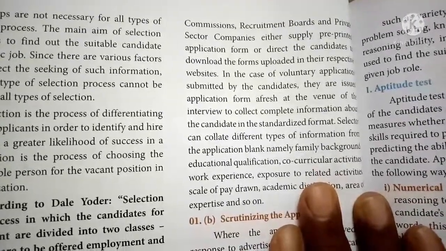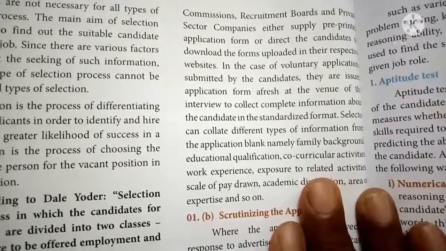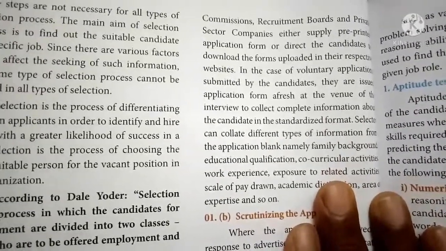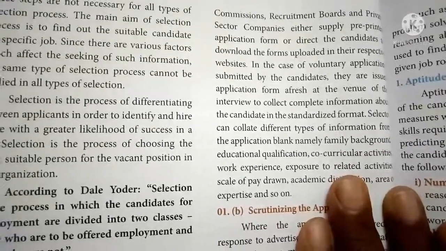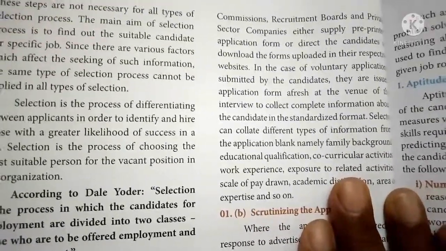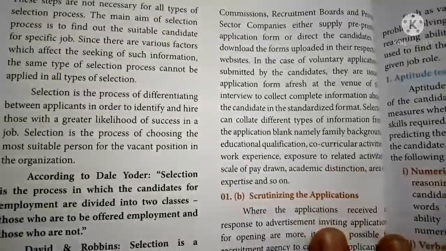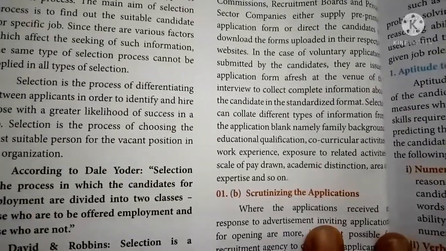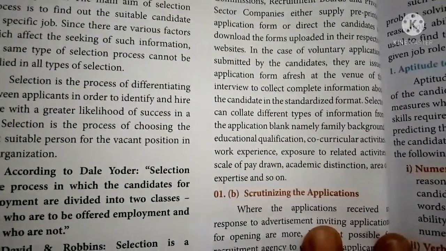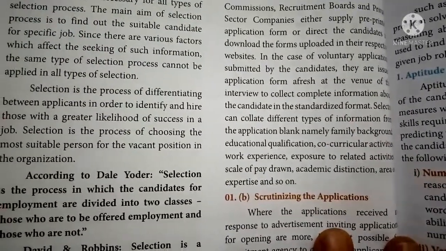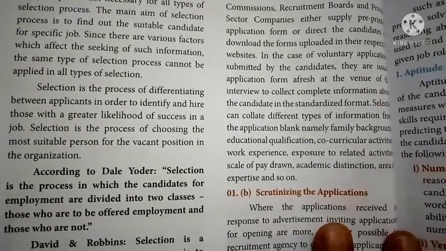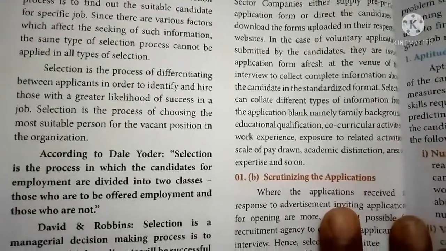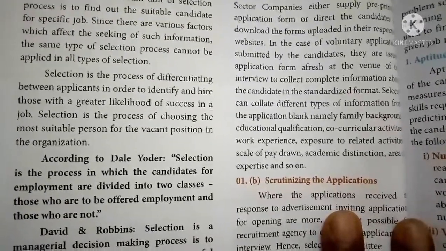So selection can collect different types of information from the application blank, namely family background, educational qualification, co-curricular activities, work experience, exposure to related activities, scale of pay drawn, academic distinction, area of expertise, and so on. So all the relevant information is to be collected by the organization from the candidate by way of an application form.